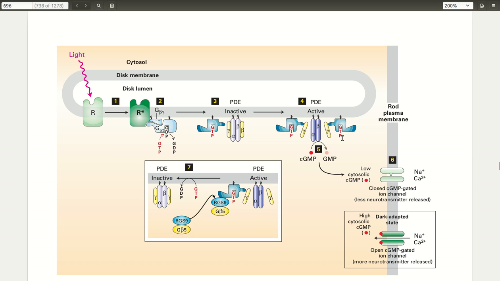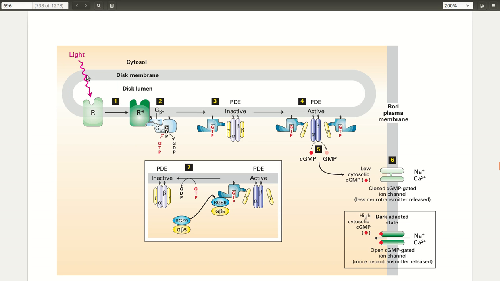Okay, so in this video I want to explain how our eyes could detect light signal using these G protein coupled receptors. So inside of the rod cells, which are inside our retinas, are these disc membranes.